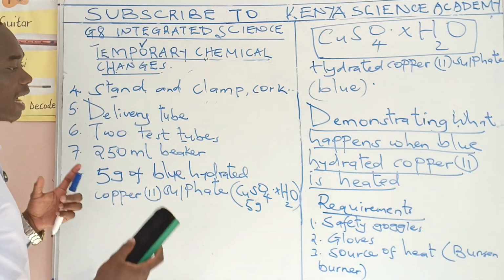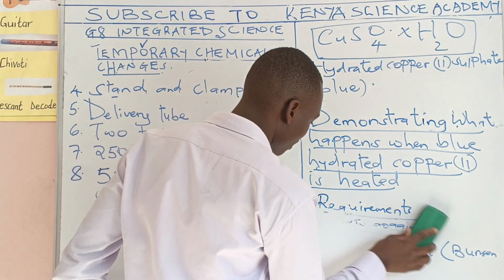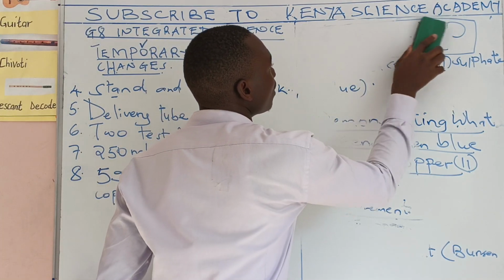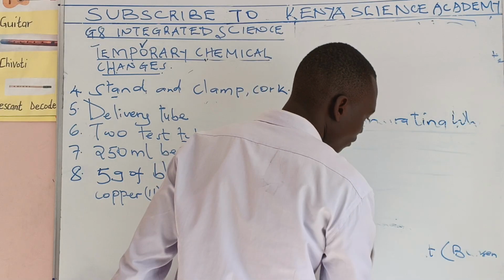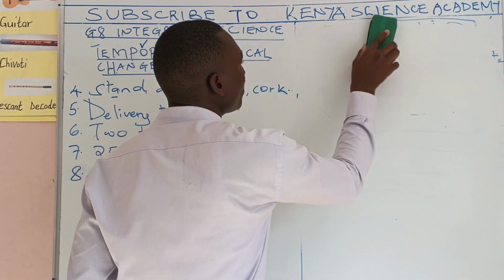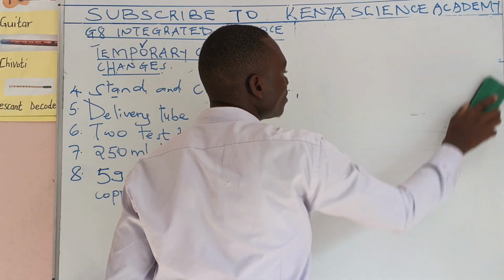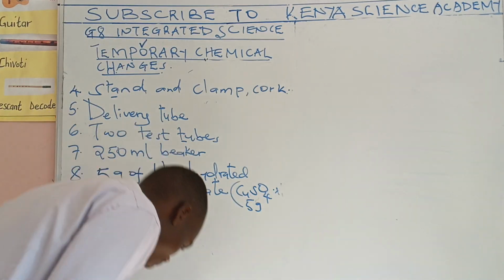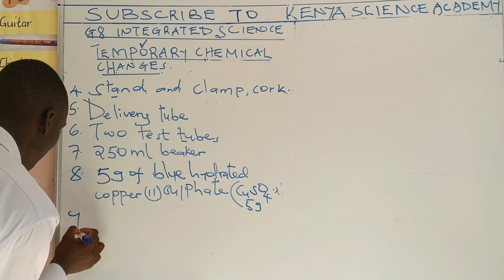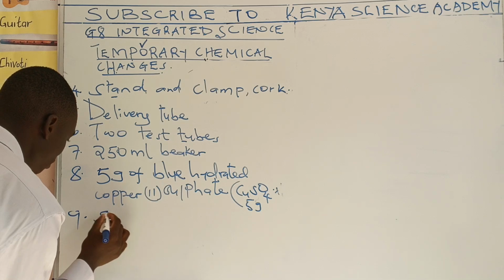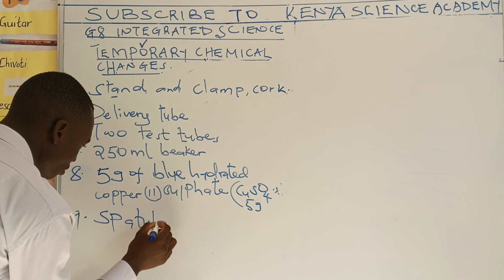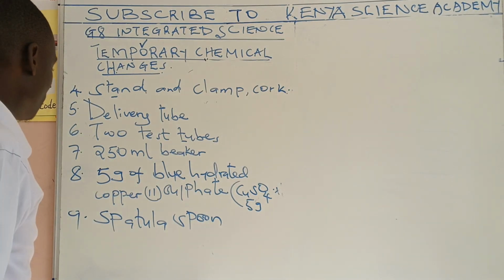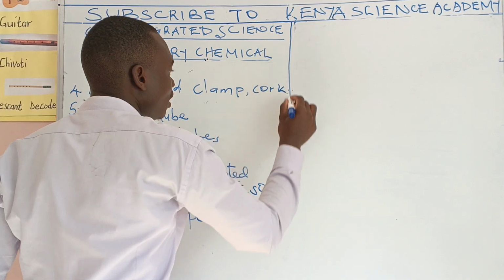Now, after that, we're going to the procedure. What is our procedure? You can have a spatula spoon for scooping as another requirement, because we are going to pick the 5 grams from the container holding it.